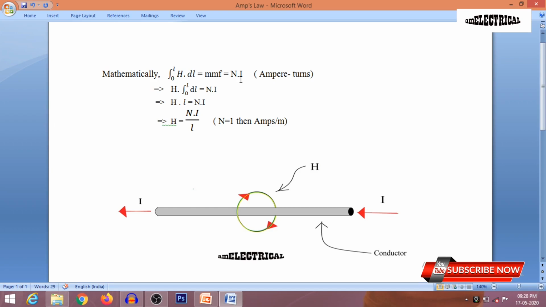Here we have shown one conductor. In case of N number of conductors, it will be N multiplied by current I, which is in ampere turns.